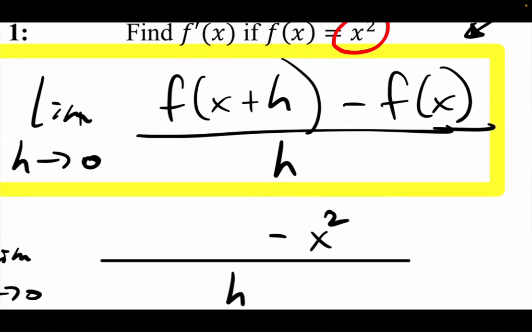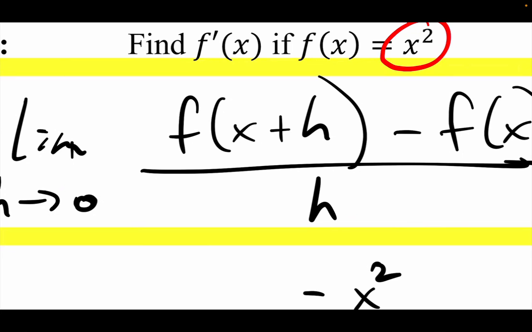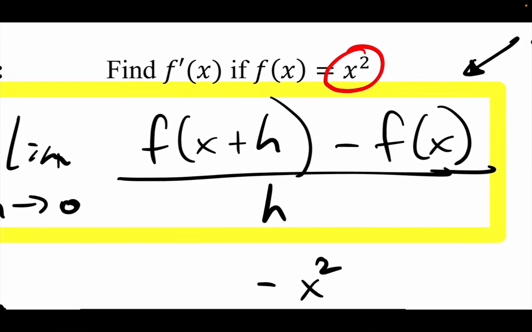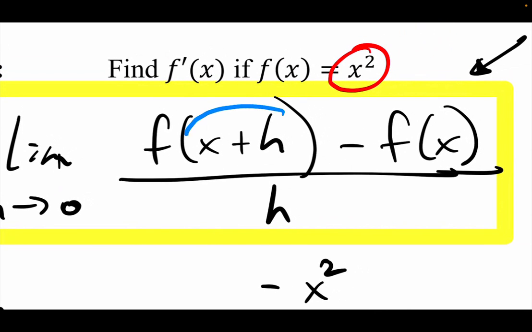All right. What does that mean? X squared plus 8. The f function replaces x with x plus 8. There you go. Replace x with whatever's in the parentheses. So if this guy is in the parentheses, that's going to go in here.